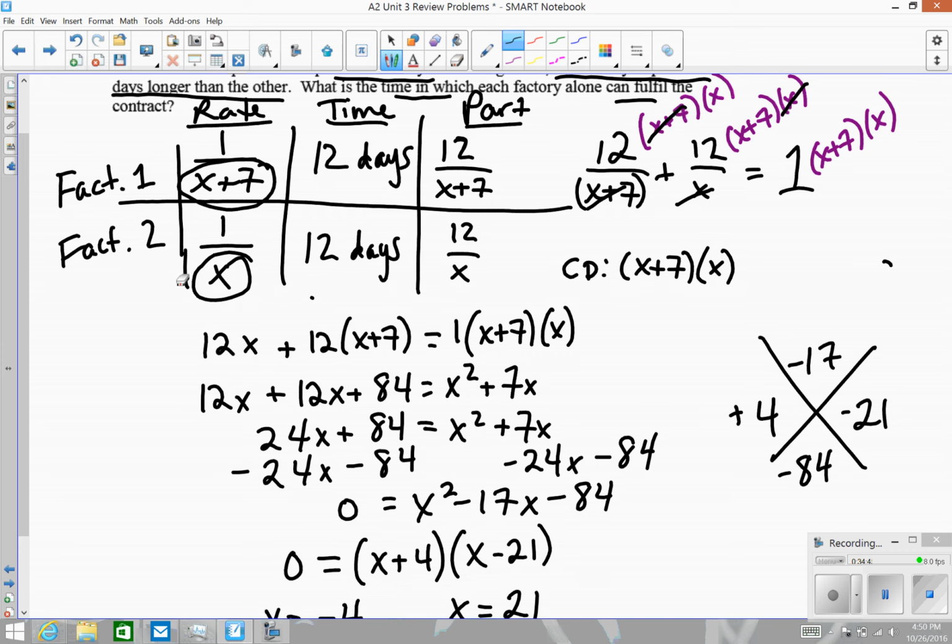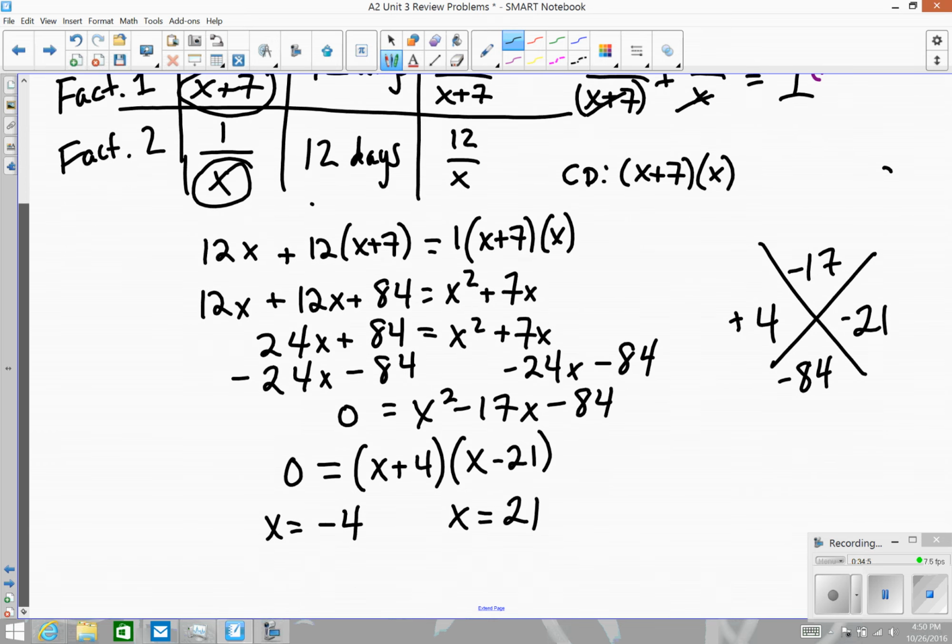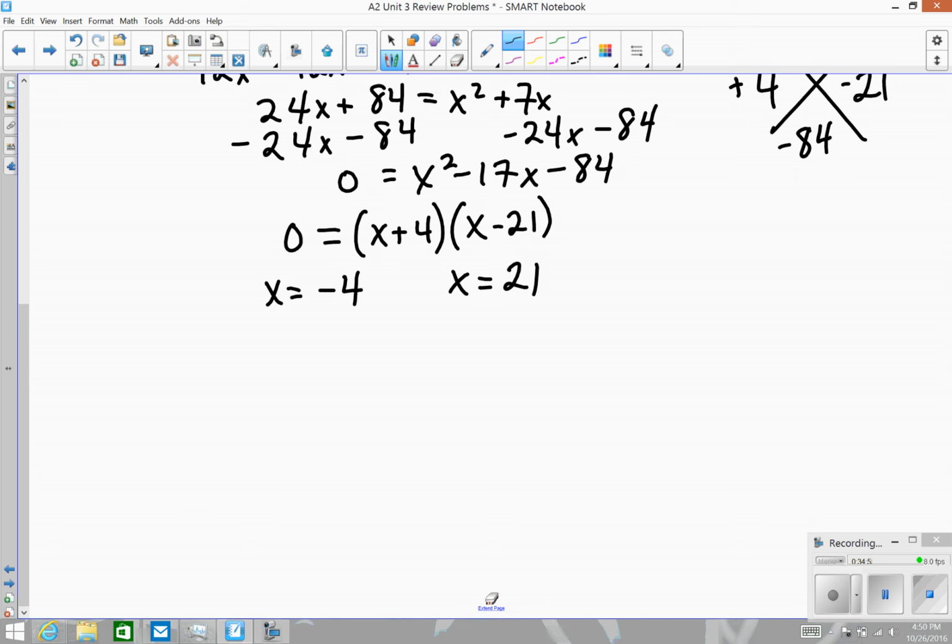If factory 1 completes one job in x plus 7 days, then my two solutions would be, when x is negative 4, factory 1 completes it in negative 4 plus 7, or 3 days.